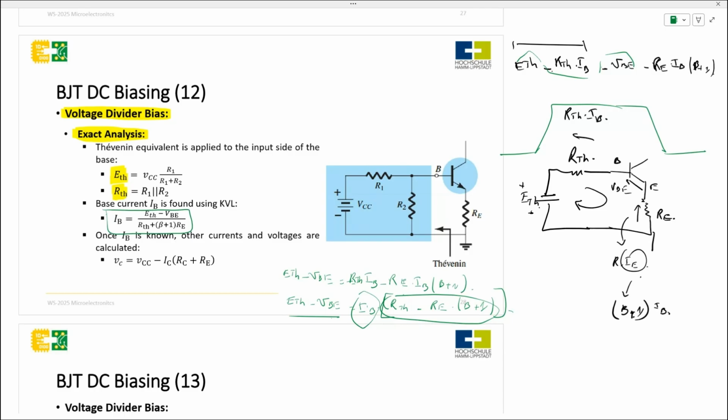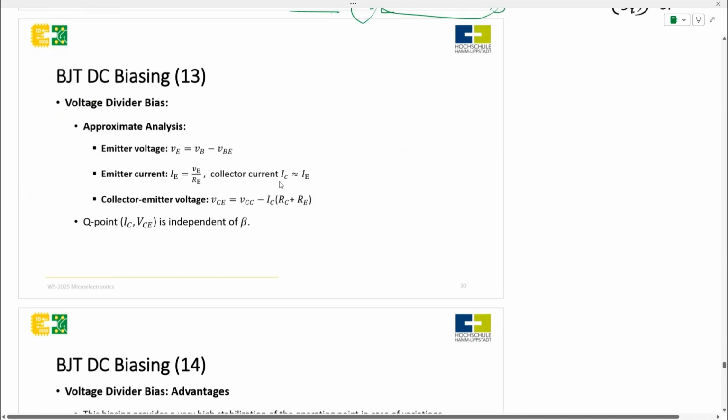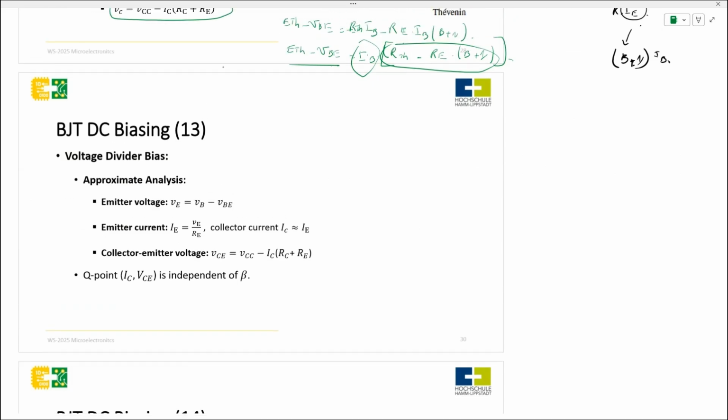So once IB is known, other currents and voltages are calculated. So for example, our VC can be calculated as follows. Okay, so our VC is on the other side, but it's okay. Let's continue our analysis.